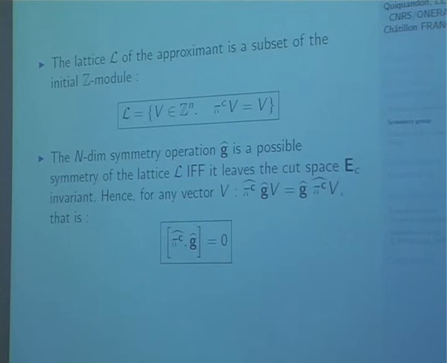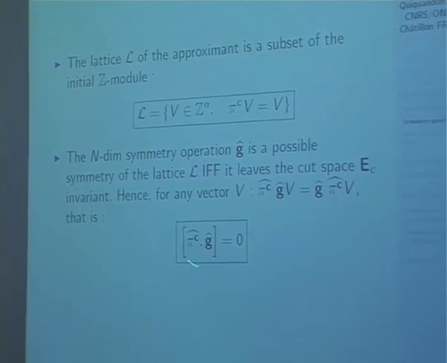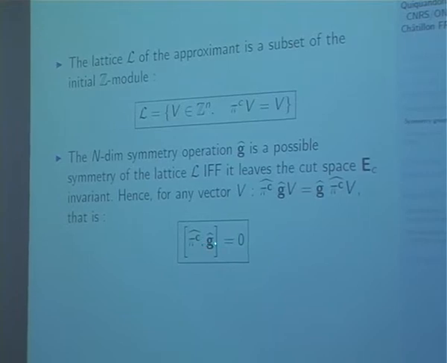You will see they are not necessarily fulfilled. So what we have to do is take all the G symmetry operations of the quasi-periodic object, the parent quasicrystal, and make the commutators, and see which commutators are zero. These will be the G vectors, the symmetry operations that will survive.